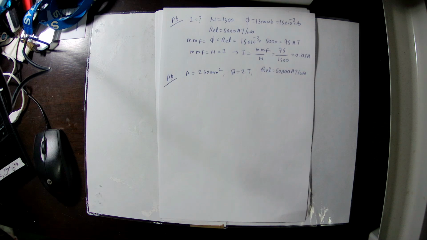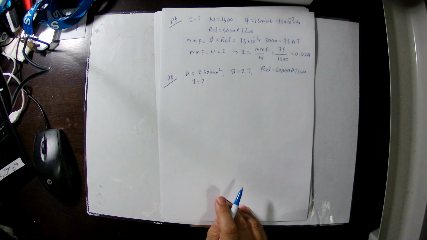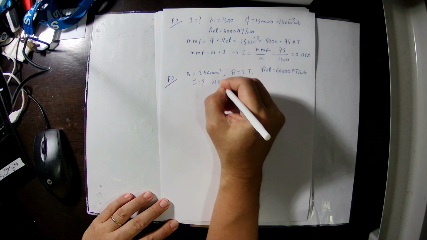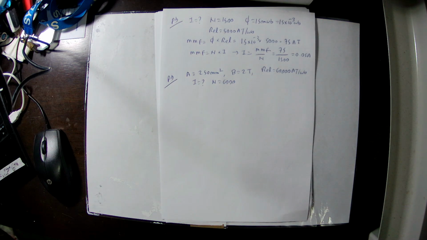We need to calculate the current, and the number of turns is 6,000.